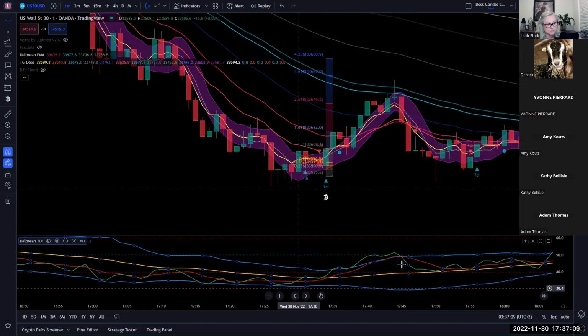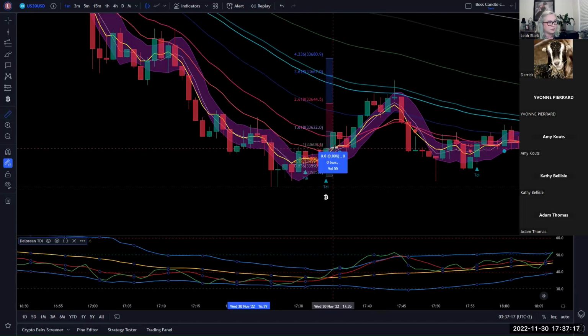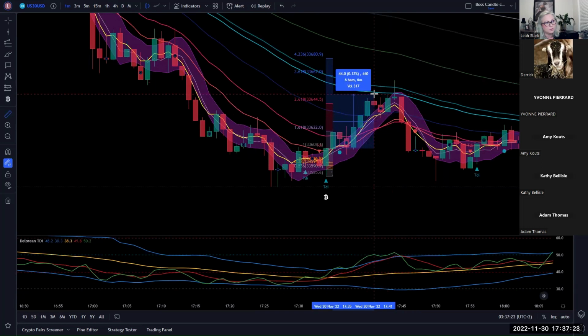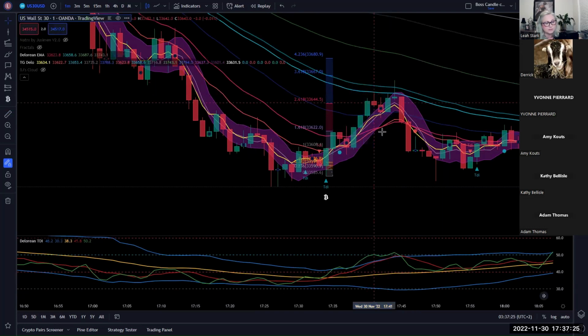But we talked about this one on the call, and the biggest flaw that this had, even though it played out, was that from entry to its peak was 56 points, or just to the aqua, which would have been the target, was 44 points. So it still would have been a really nice trade.